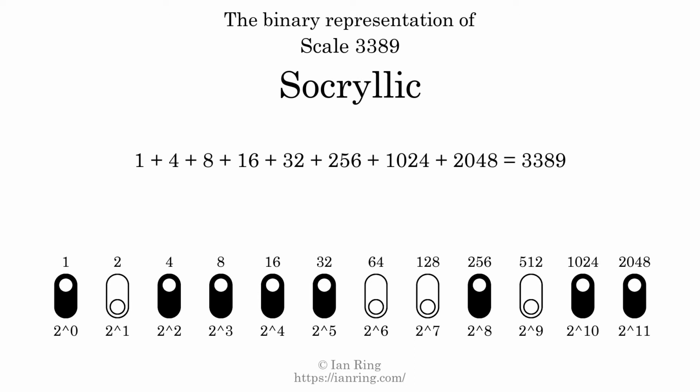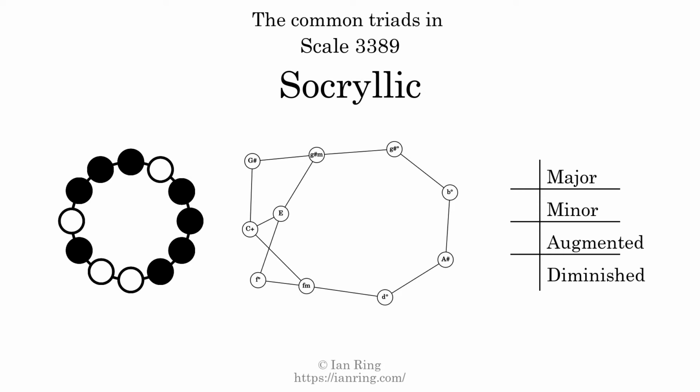That is why the scale number, in decimal, is 3389. The scale number not only enumerates the scale with a unique index, but it also literally describes the tonal content of the scale. Represented as a binary number in base 2, the scale number is 110100111101.